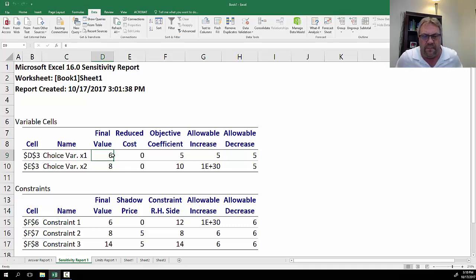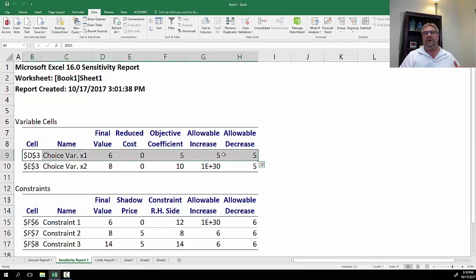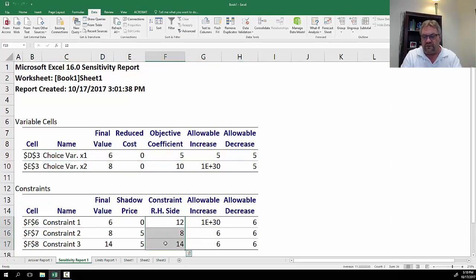I should mention that if you read the book, which I highly recommend, chapter 3 describes one of the criticisms of this sensitivity report: when you're looking at choice variable 1, you have to assume that everything else is held constant. So choice variable 2 will still have $10 per unit of profit, all of your constraints are going to stay the same, and this is the only thing that can change.